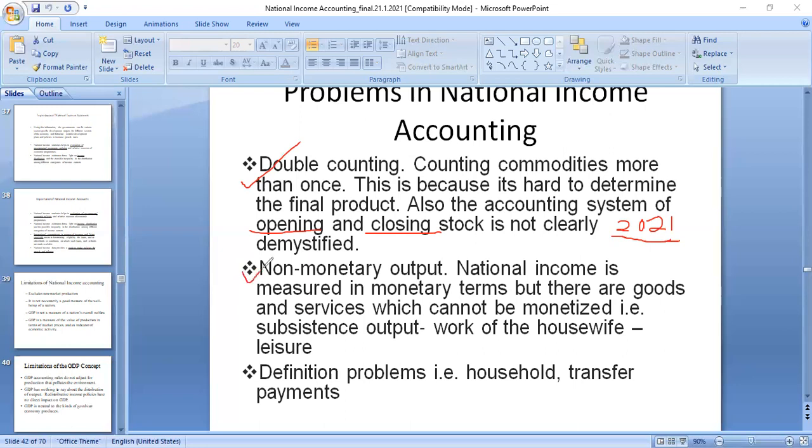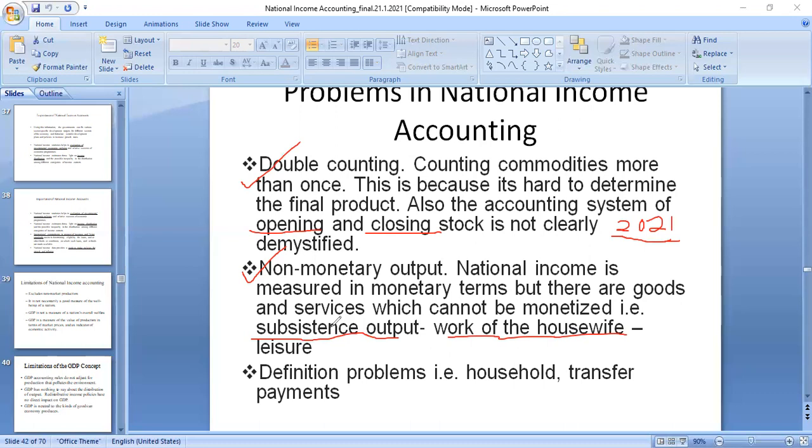Then also there is a problem of non-monetary output, where we see that there are activities that are not priced. For example, the work of housewives is not monetized. Those people that produce goods and services for subsistence purposes, that one is also not monetized.